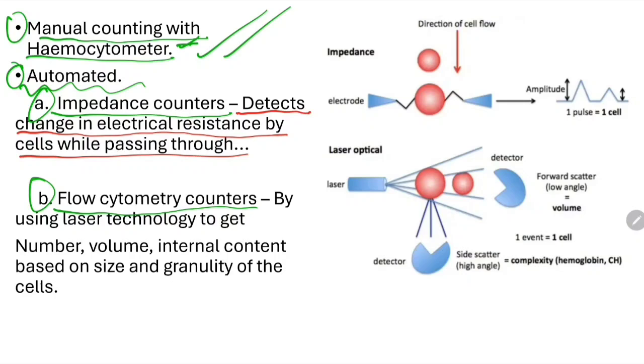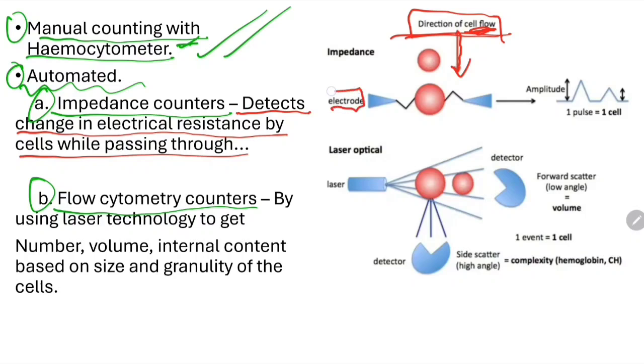In the automated machine we put the blood sample, and the sample will pass through it, so the direction of cell flow means RBCs or blood are flowing in this direction in the machine, okay.